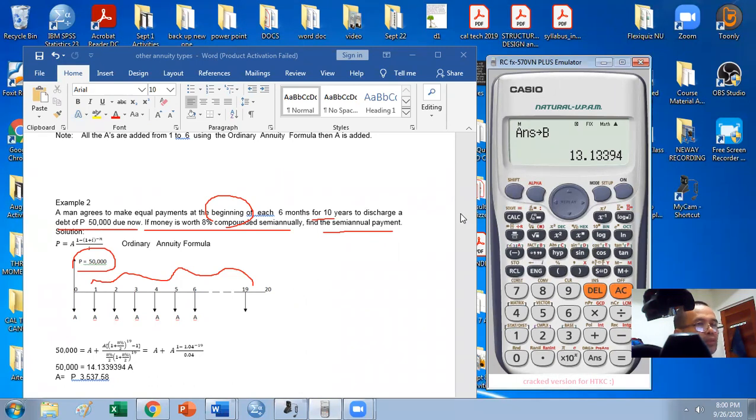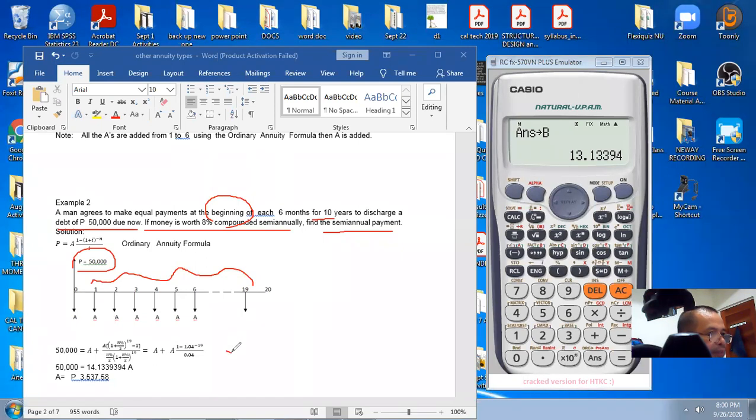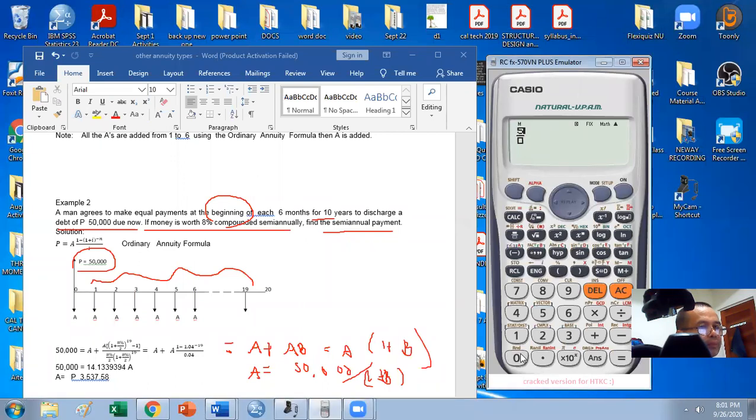So therefore, this becomes A plus AB, which can be factored into A times 1 plus B. So all you have to do is to find A will just be equal to 50,000 divided by 1 plus B. So you get this answer.